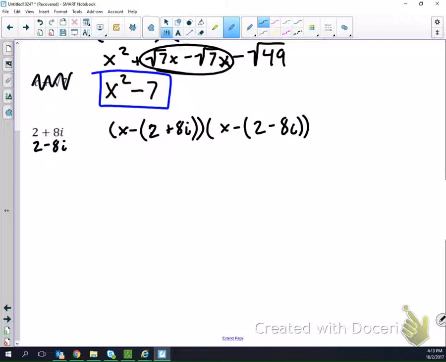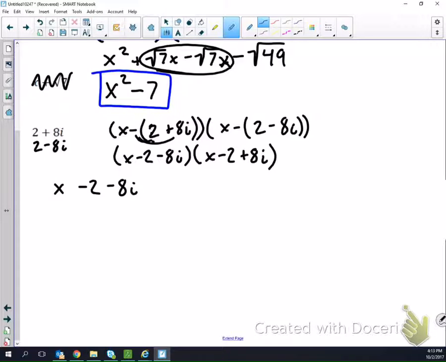Now we can make that simpler by distributing through that minus. So this will turn into x minus 2 minus 8i, and then x minus 2 plus the 8i. All right, so now I've got my two factors. I need to multiply them together. I'm going to go ahead and use a lattice to multiply all of these together just to help me out. Helps me to organize my thoughts.